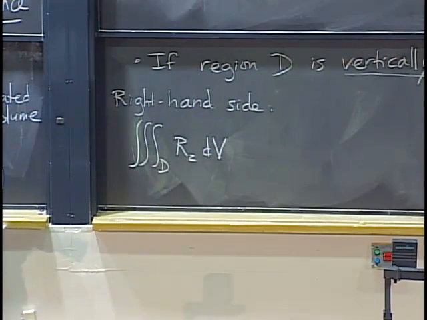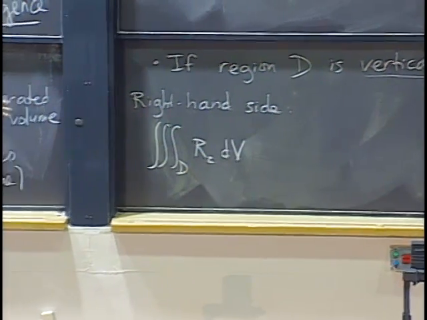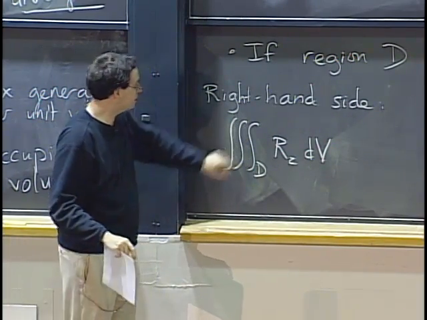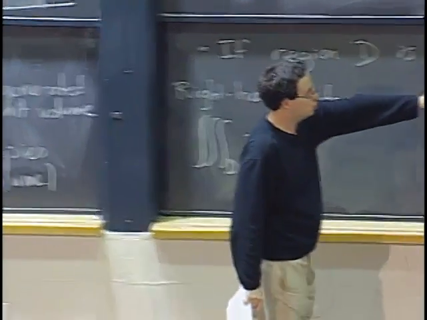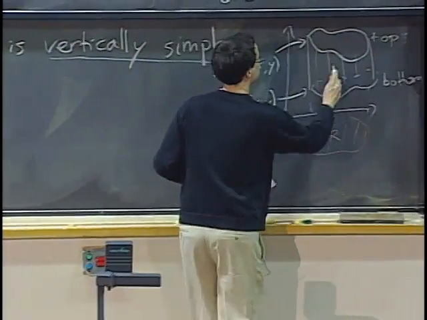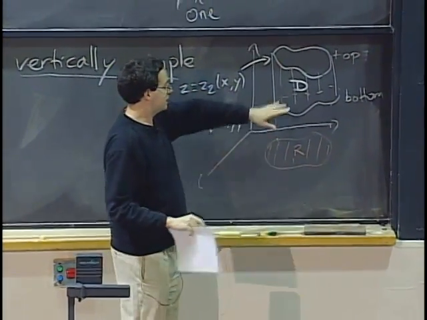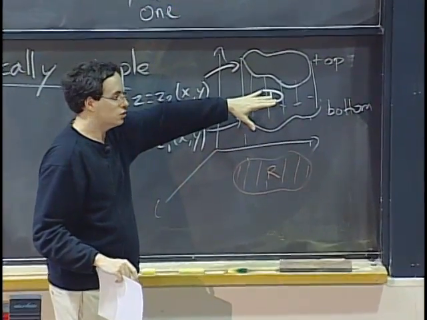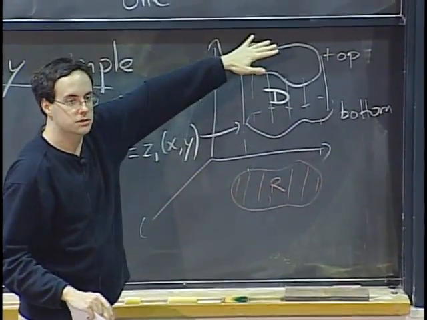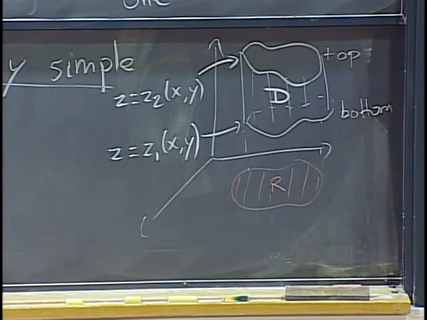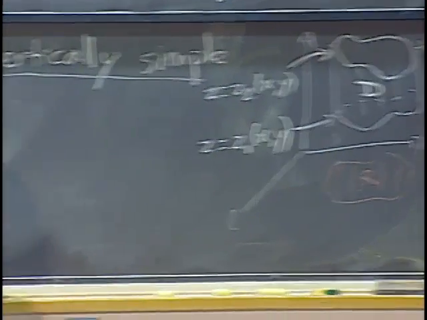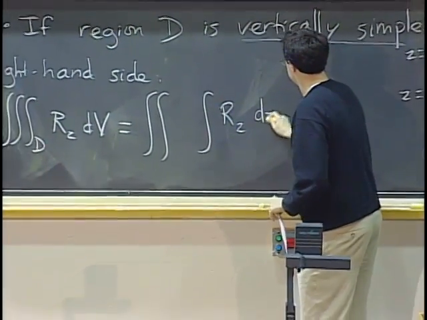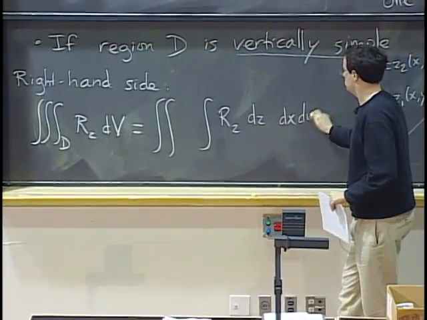Of course we will not be able to get a number out of it because we don't know actual formulas for anything, but at least we can start simplifying, because the way this region, which is D, looks tells me that I can start setting up the triple integral at least in the order where I integrate first over z. So I can do it as a triple integral of R_z dz dx dy, or dy dx, doesn't matter.